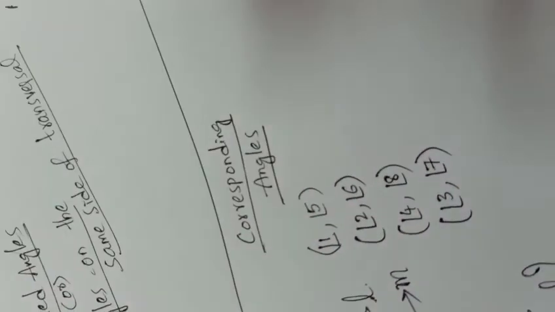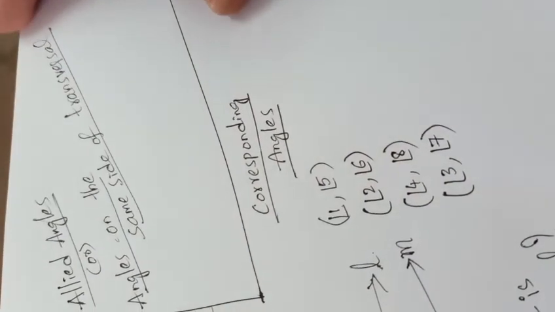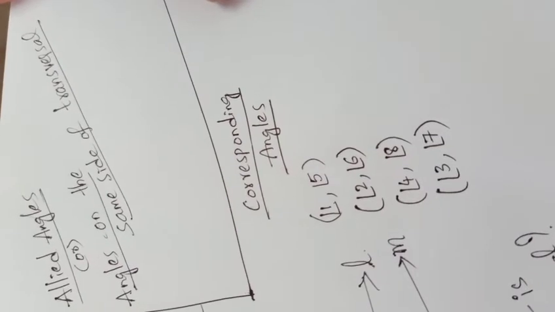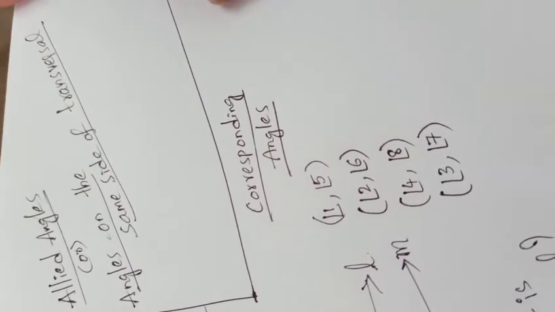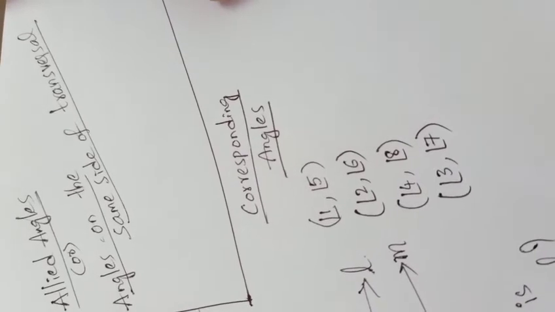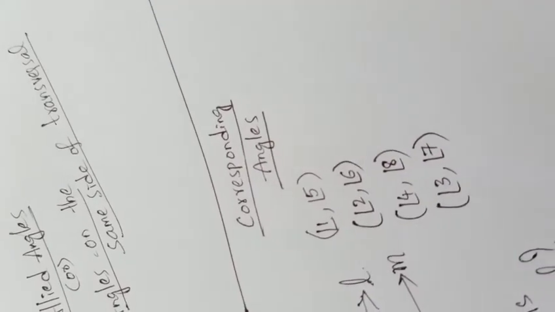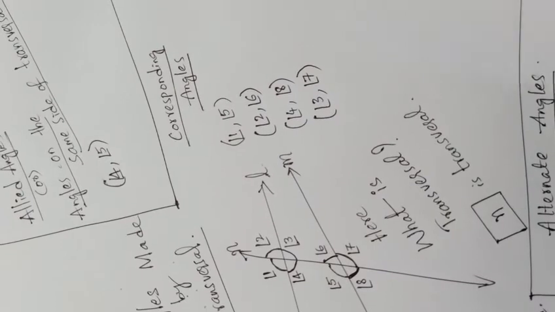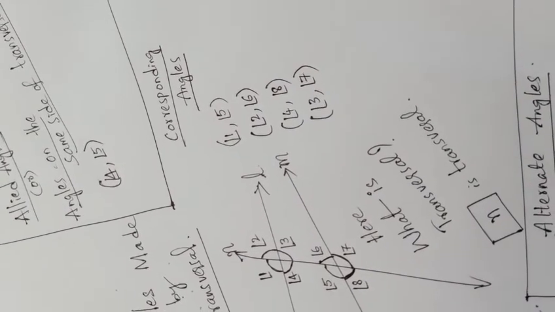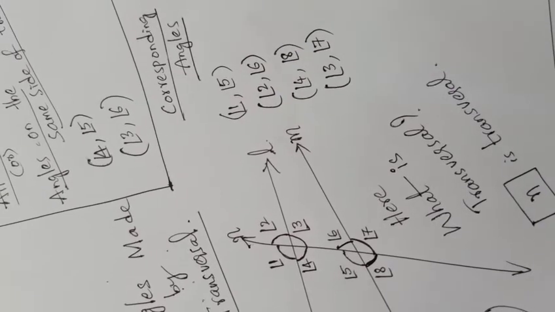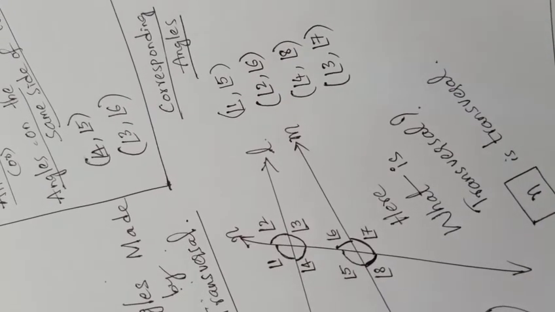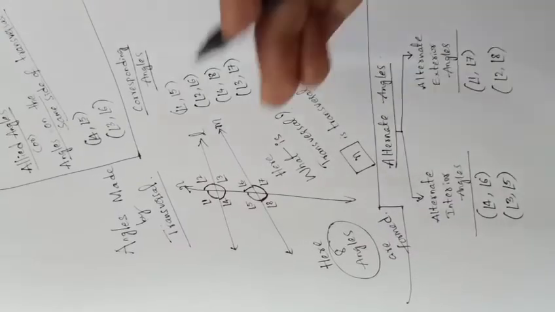Now, allied angles are also known as angles on the same side of the transversal, or sometimes co-interior angles. If you observe the figure, the same side interior pairs are 4, 5 and 3, 6. So 4, 5 and 3, 6 are pairs of angles on the same side of the transversal which are interior.